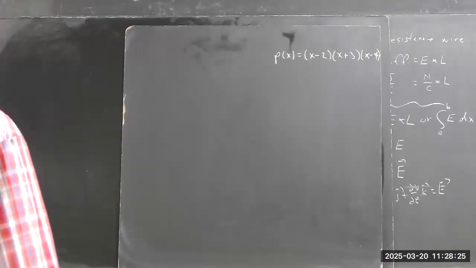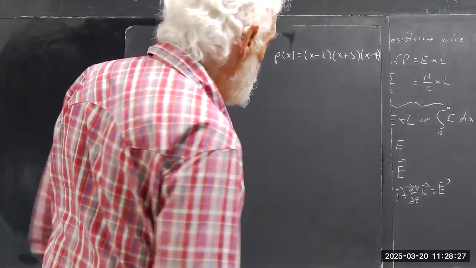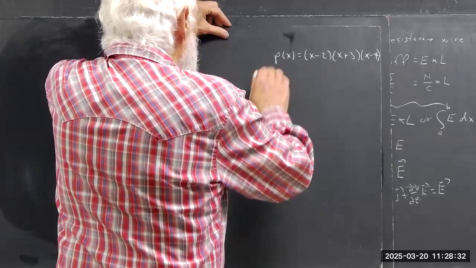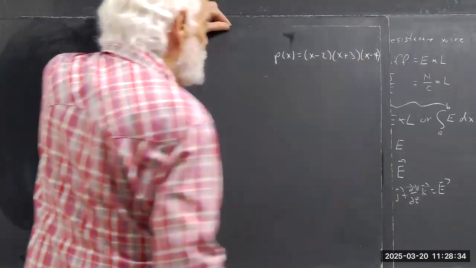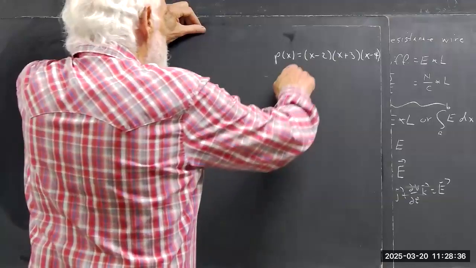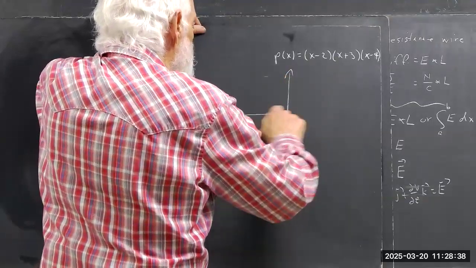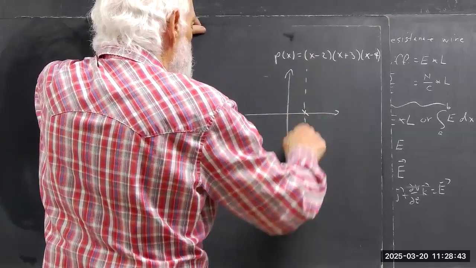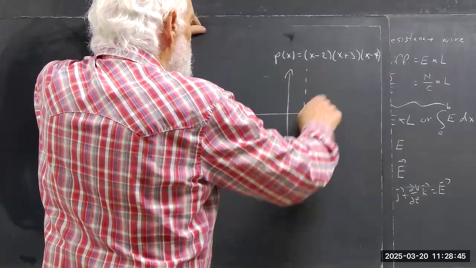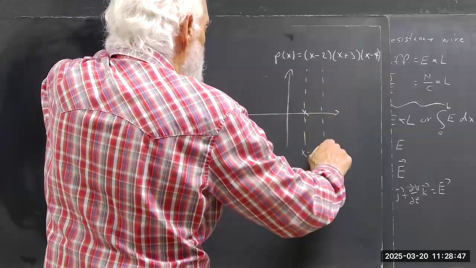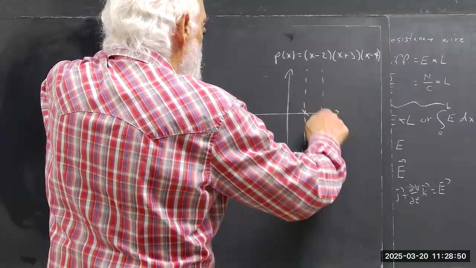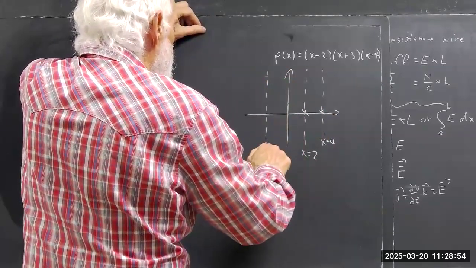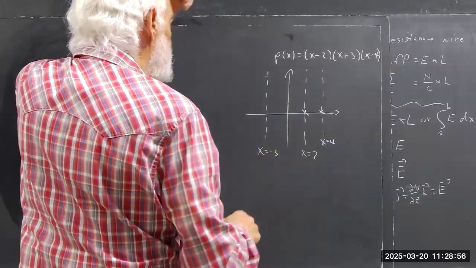So again, this could be a typical polynomial in factored form, now expanded. If it's in this form, it's easy to graph. You have a 0 at x equals 2, a 0 at x equals 4, and a 0 at x equals -3.